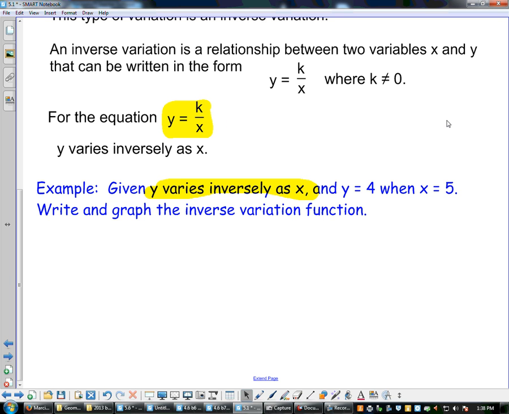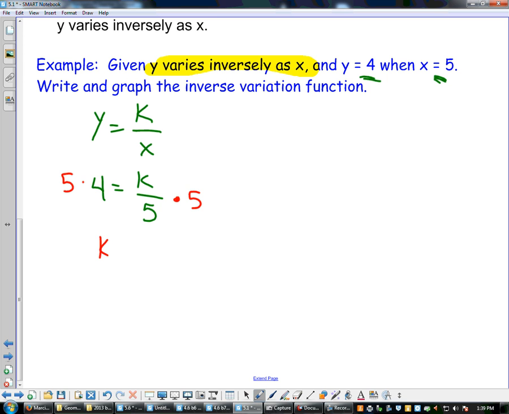So let's write down y equals k divided by x, and we're going to fill in the 4 for y and the 5 for x. So we get 4 equals k divided by 5. Let's find that k value by multiplying both sides by 5. We get k is equal to 20, which means our equation is y equals 20 divided by x.